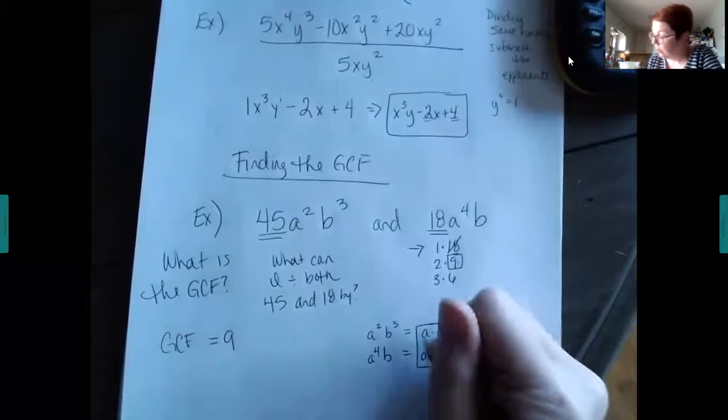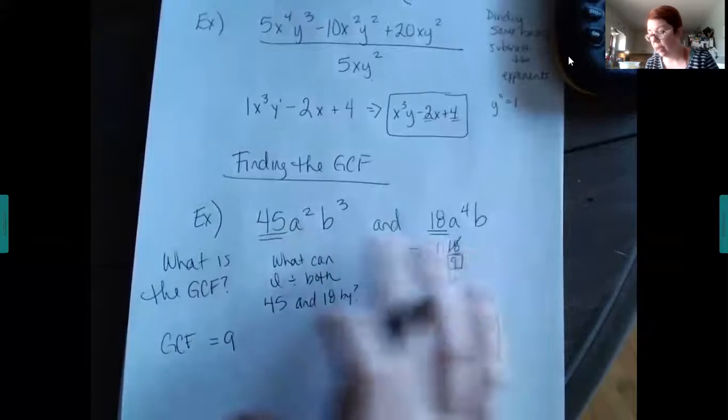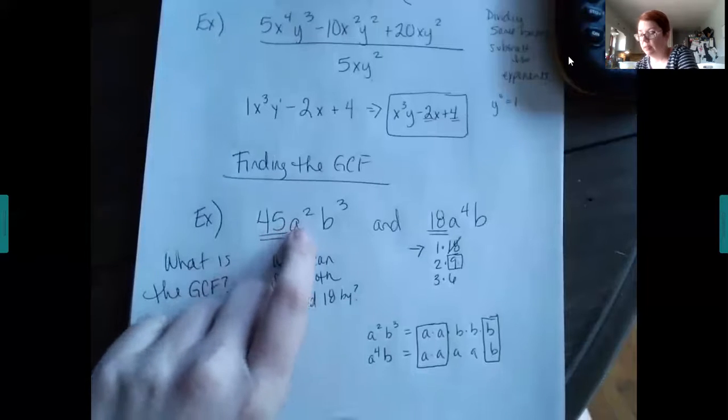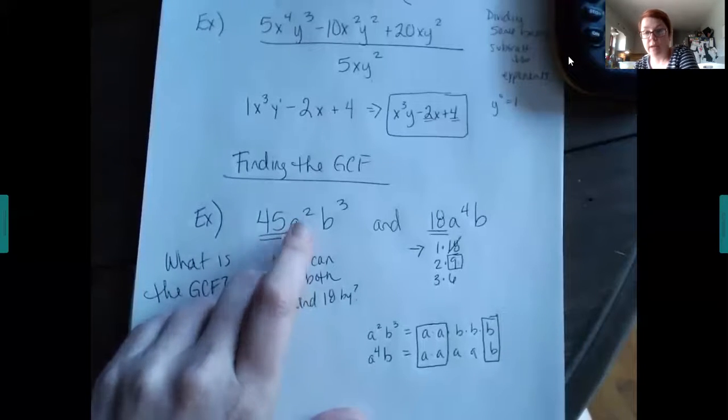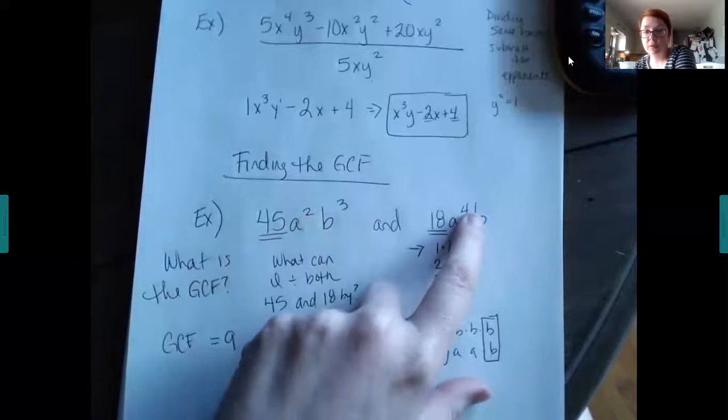So thinking about exponents for variables, for a common factor the terms have to have the same letters in order for it to be a common factor. And you can only take out basically the minimum, the lowest that they have. This has a squared, this has a to the 4th.